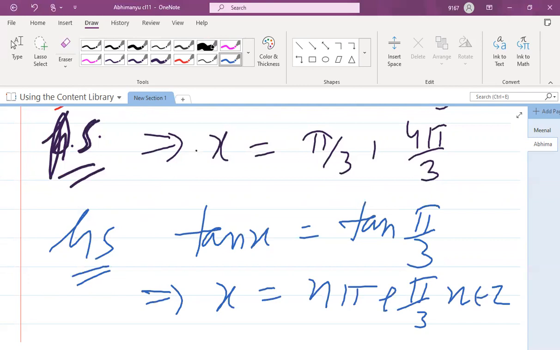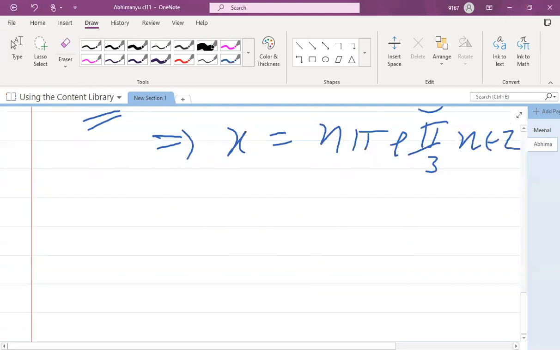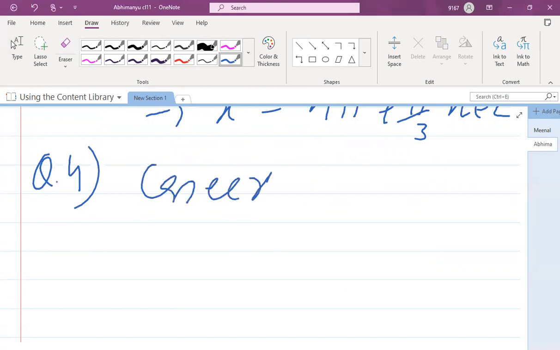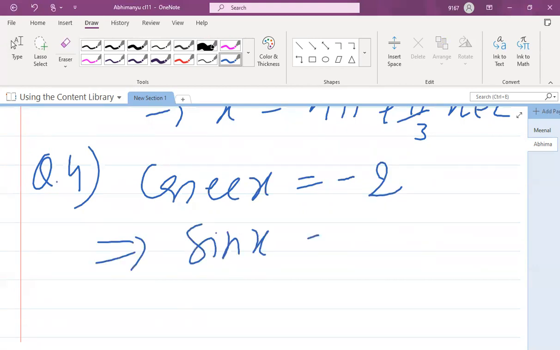Let us take one more question, question number 4 from this exercise. We have cosec x equals -2. So we have basically sin x equals -1/2.